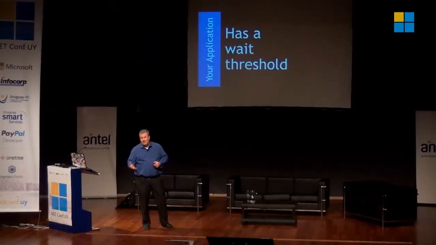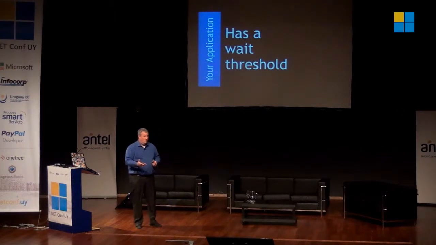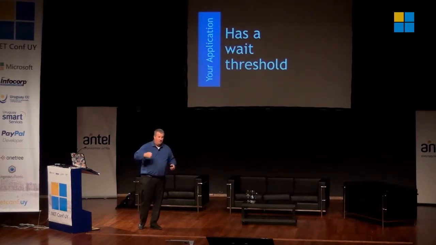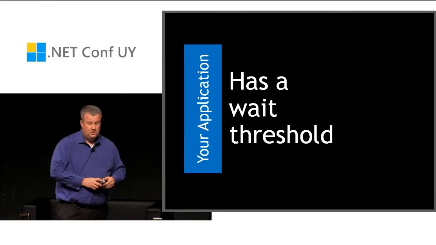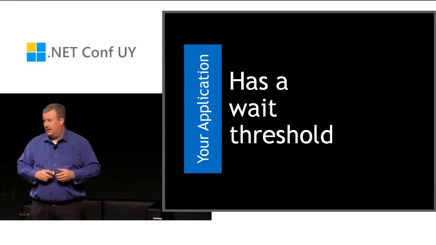The reason we want to do that is that we don't want to denial of service that system. If that system's trying to get itself back on its feet because of some failure or the app pool recycled or something like that, we don't want to beat on it while it's trying to stand up. We want to let it stand back up. So we can put this wait period in.